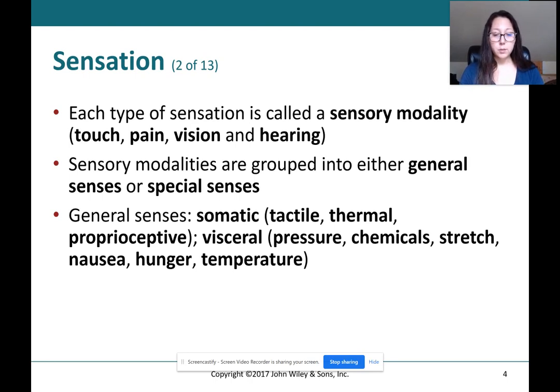Sensory modalities are grouped into general senses or special senses. So general, I think of mostly like touch type senses. We have somatic, tactile, which is like touch, thermal, temperature, or proprioceptive, which is involved in movement. And then we have visceral senses: pressure, chemical, stretch, nausea, hunger, and temperature.